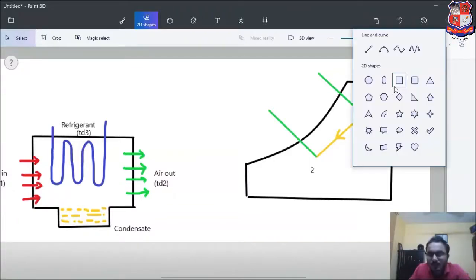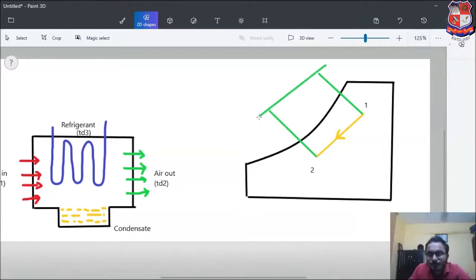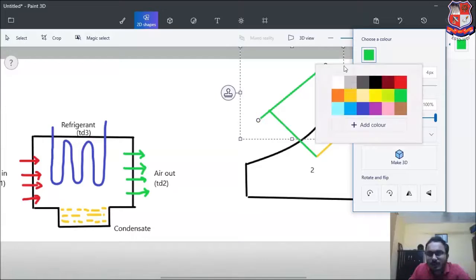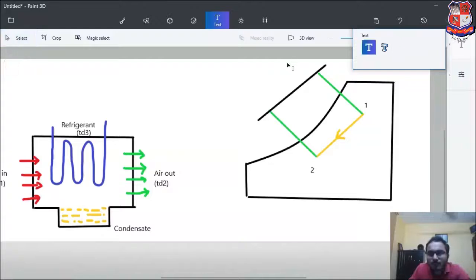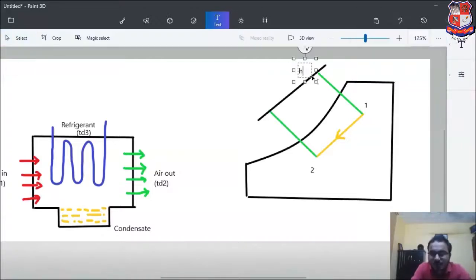So now we can also draw the enthalpy lines. So here this will be our scale for enthalpy. Now here this will be H1 and here this will be shown as H2.